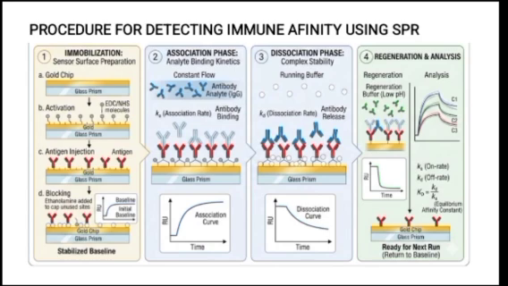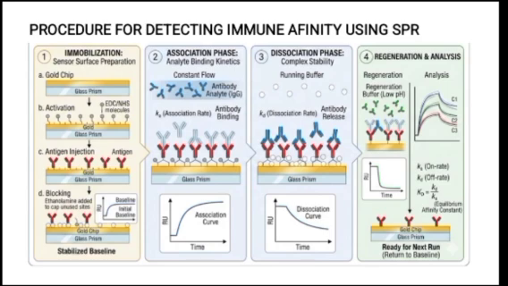Then during dissociation, you are going to add a buffer, which by concentration can alter the conformation between the paratope and epitope, so the antigen and the antibody will dissociate. By this dissociation, in real time, again, you are measuring the rate of diffraction of light.